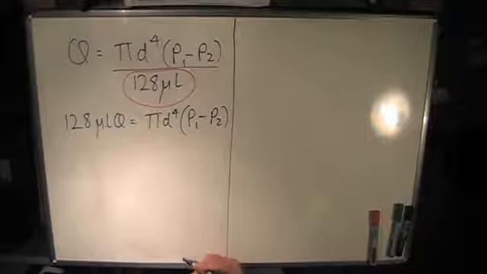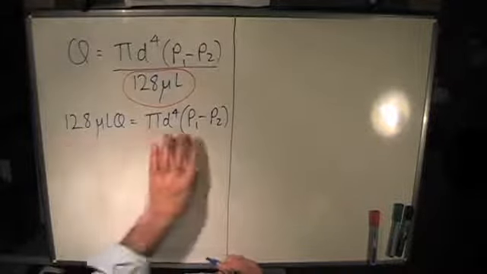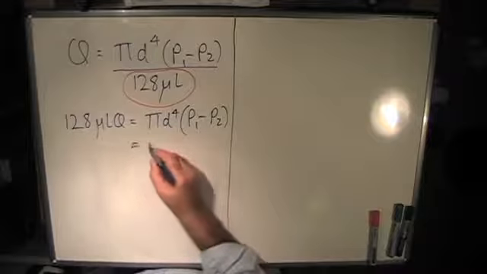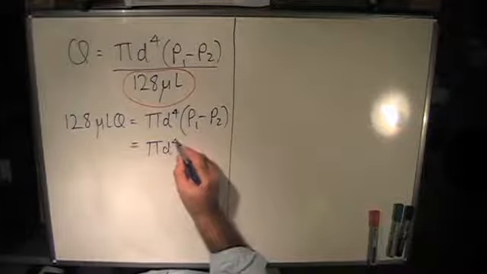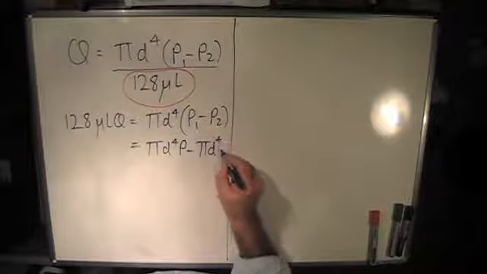Now at this point you can either divide by this part if you're after P1, or you can multiply through. Again, with all these problems, there's not usually a unique way to go about it.